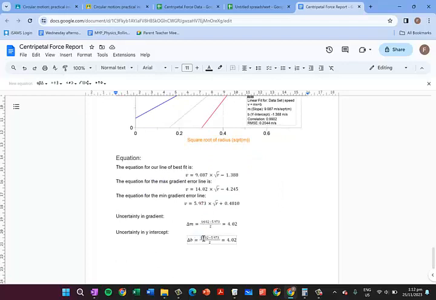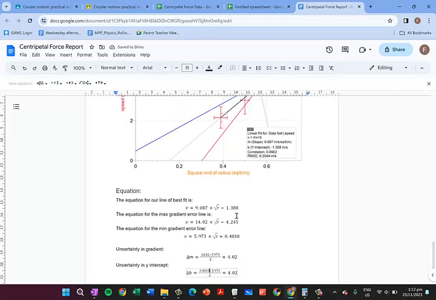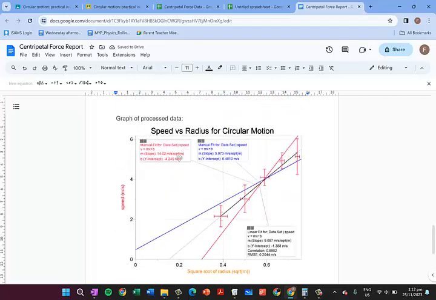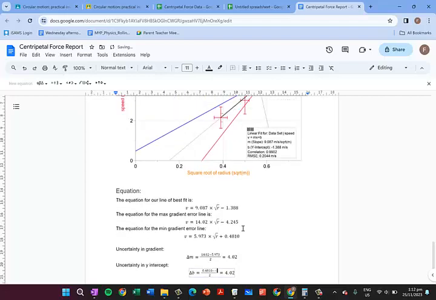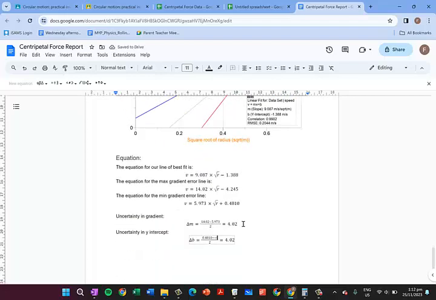So we just choose the biggest one and put that one first. And then we go choose the smallest one, which was the red one, which was negative 4.245.